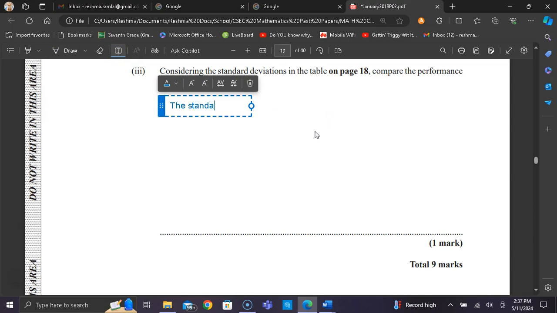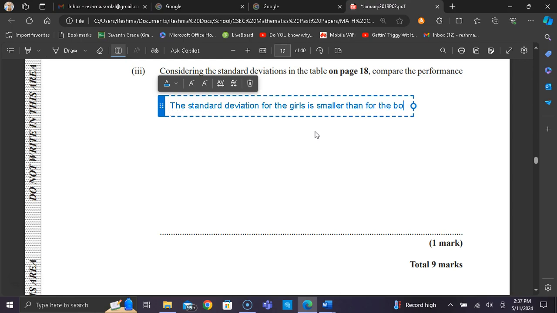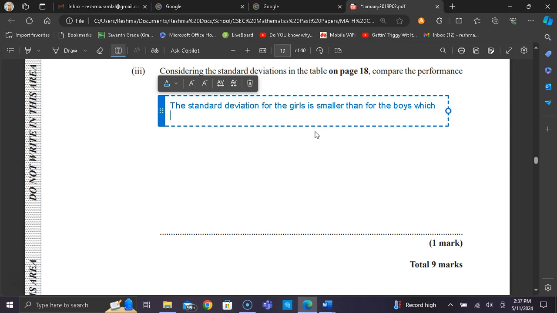All right, the standard deviation for the girls is smaller than for the boys, which indicates that there is a smaller spread of grades from 1 to 5.